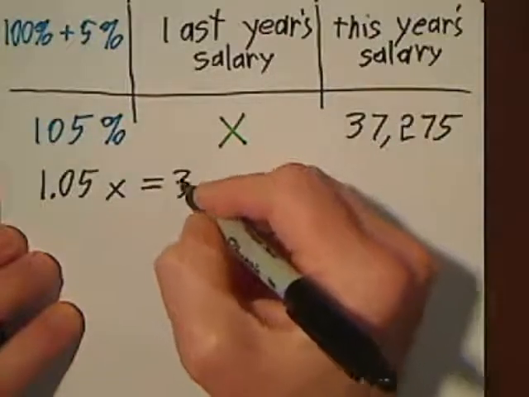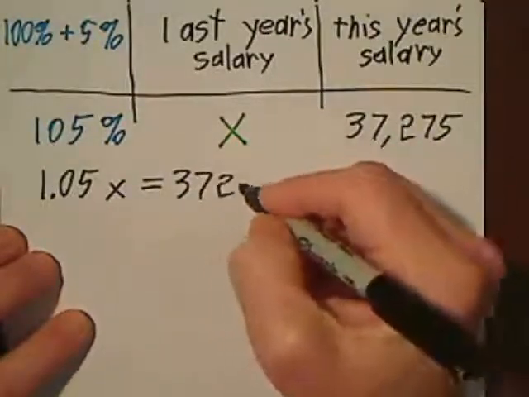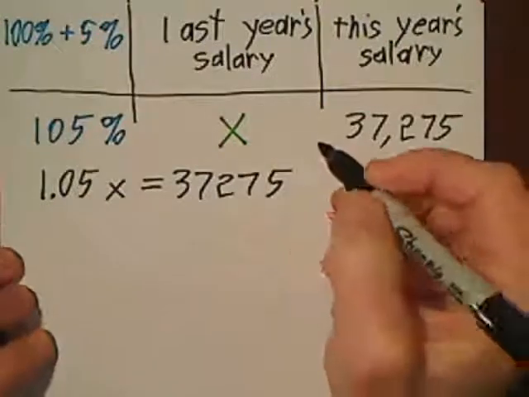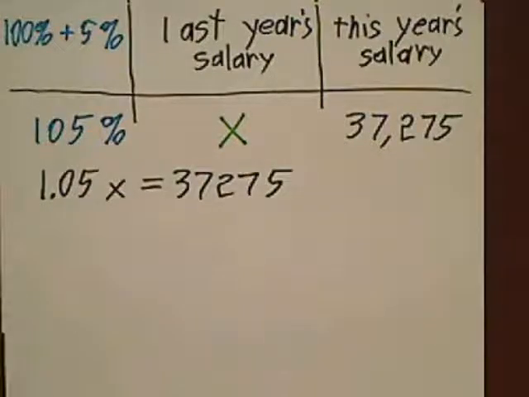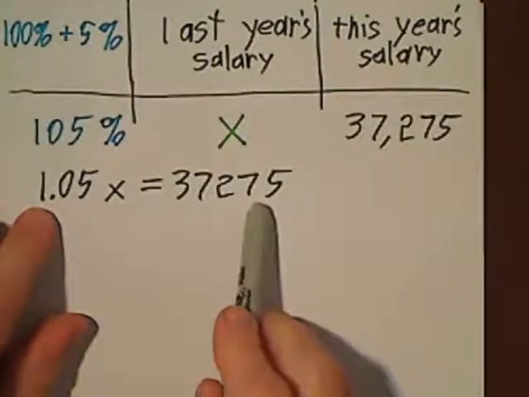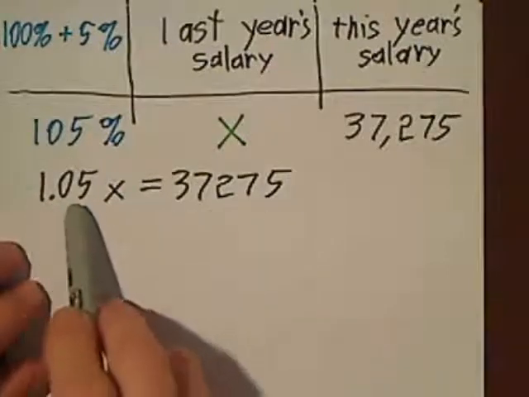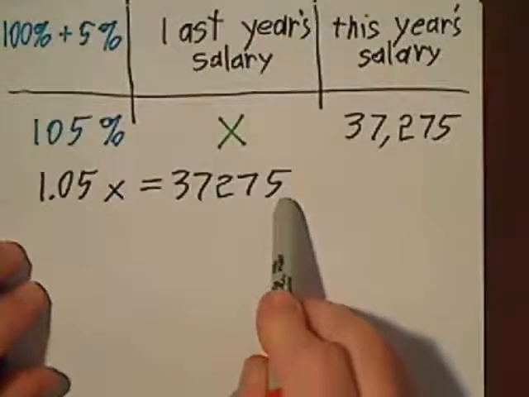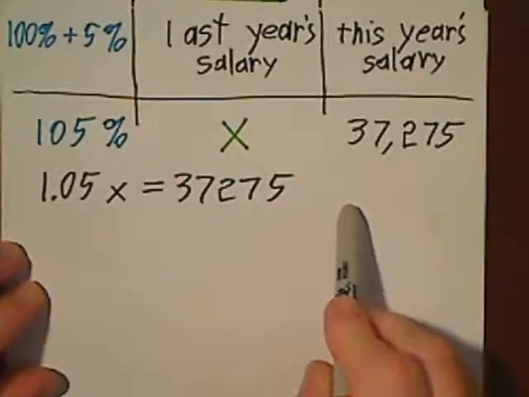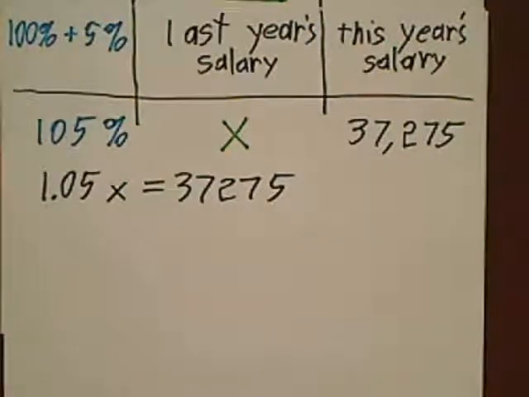equals, and you could multiply each side of this equation by 100. That would move the decimal 2 places, and you'd have to put in a decimal and move it 2 places. I'll just leave it as it is right now.